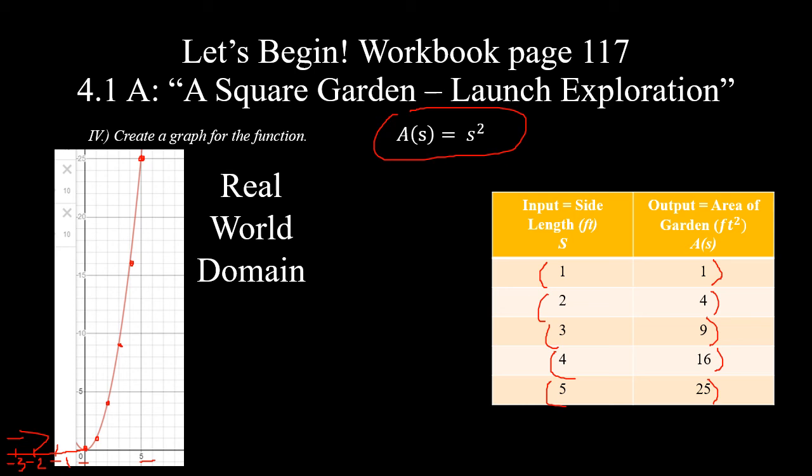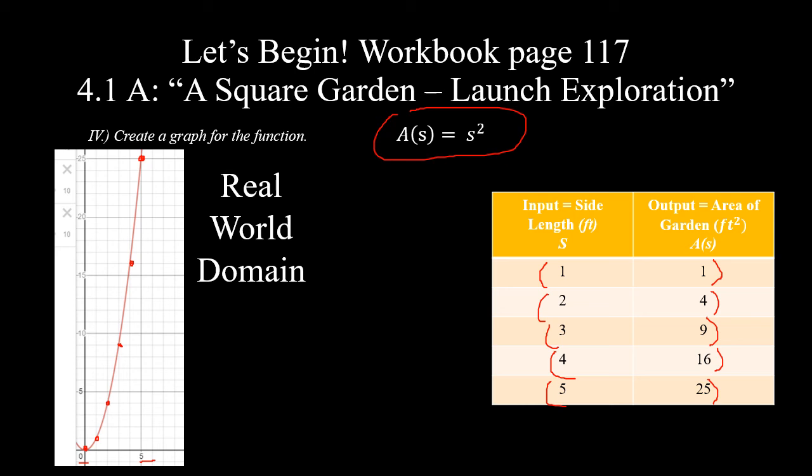It doesn't even make sense. Our real world domain does not consider negative numbers at all. You're not going to have a garden with a negative length of a side. So we didn't even consider negative inputs.